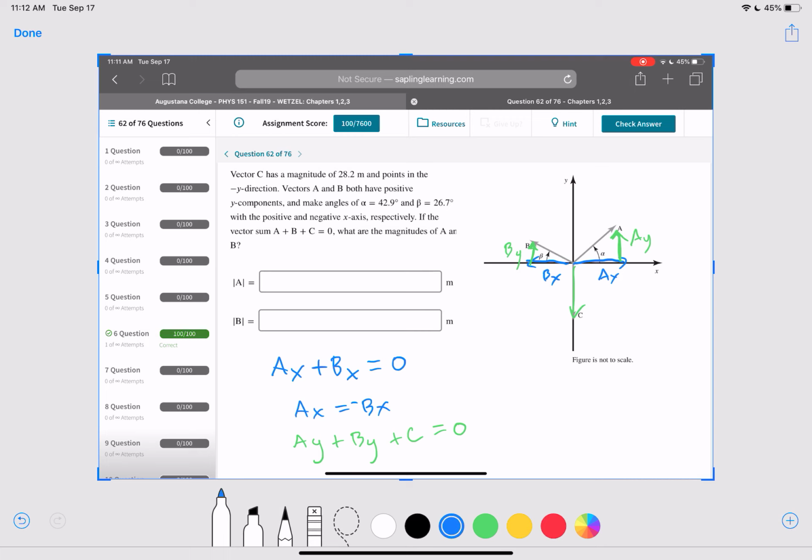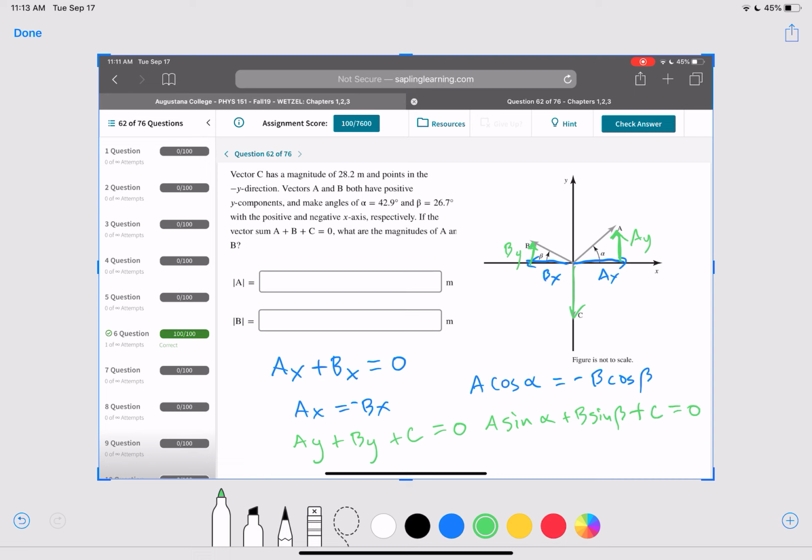Well, first thing we do is rewrite the two equations into their components, because we know what alpha and beta are. So then AX is going to be A cosine of alpha, equal to minus B cosine of beta. And then if we do the other equation, A sine of alpha plus B sine of beta, and then plus C is equal to 0.